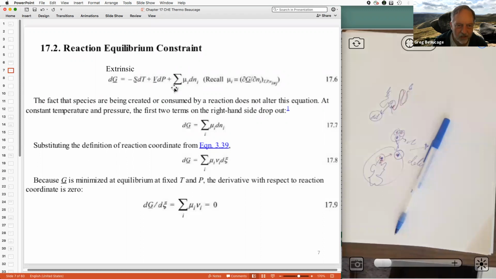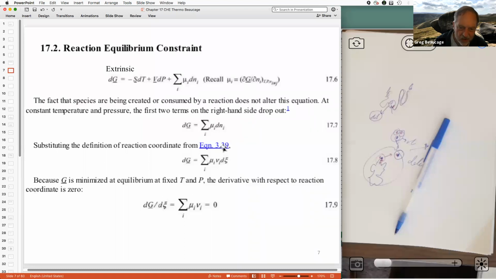So this is for a given state, but if we're talking about a reaction, then the number of moles is going to be the extent of reaction. The change in moles is the change in the extent of reaction times the stoichiometric number times that component's chemical potential, which is also done in chapter 3.